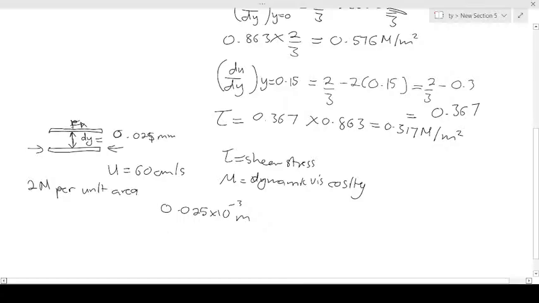So this is the same as 0.6 meters per second.